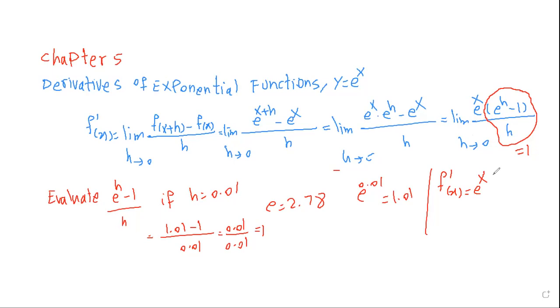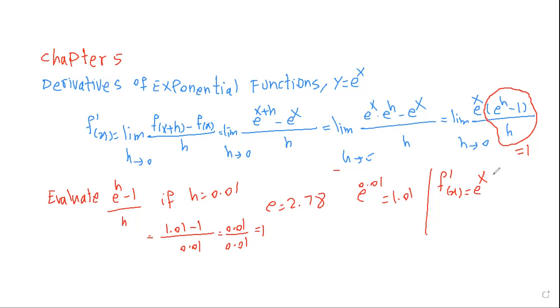Okay. You see, I want to find out the limit of y equals e^x. f prime x is the limit of f(x+h) minus f(x) over h, as h approaches 0. Then e to power x plus h minus e^x over h.